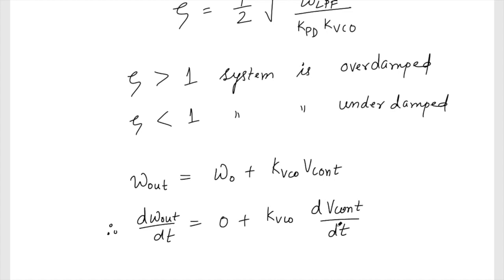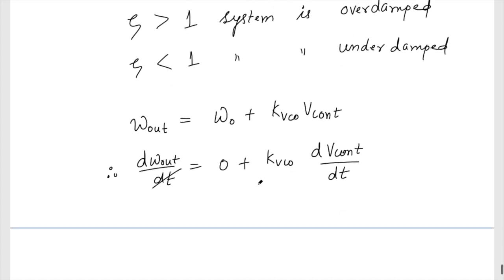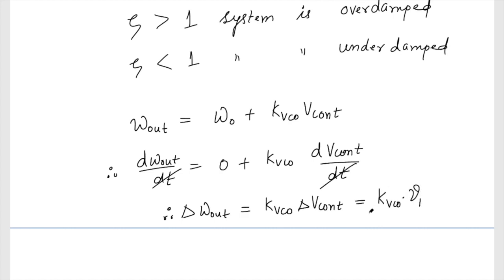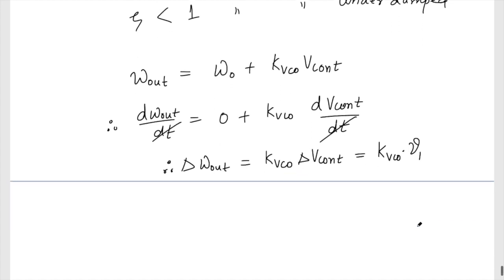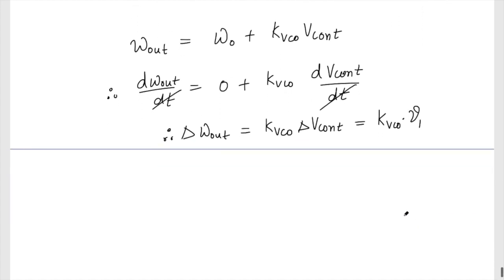I can cancel the dt, so delta omega out is equal to KVCO times delta V cont, which is nothing but KVCO into the small v1 changing with time.